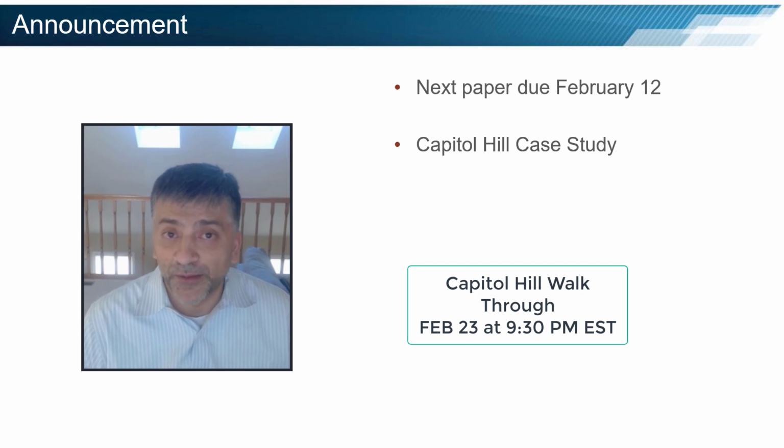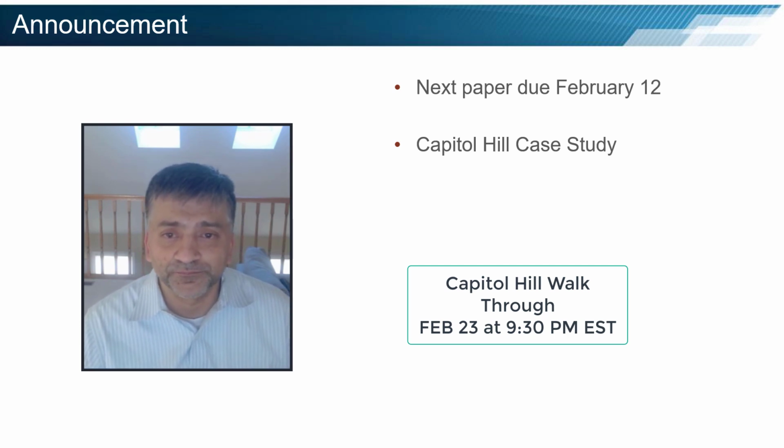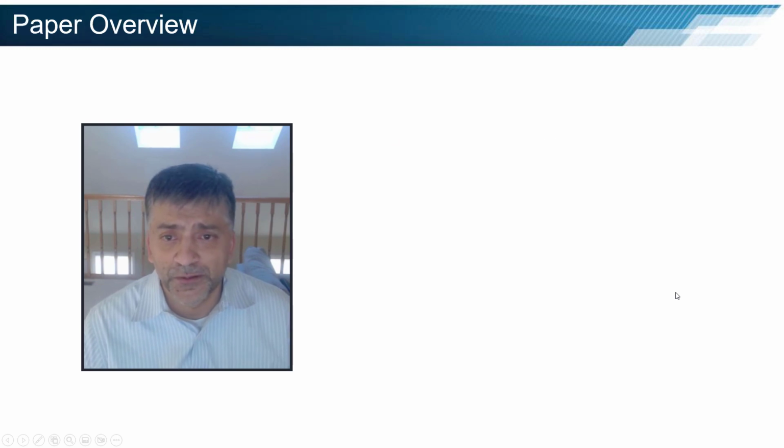So if you're going to do your final paper and you want to do it on the intelligence failures related to Capitol Hill, please show interest that you're going to attend, and I'll take it from there. So again, we're going to do that on February 23rd at 9:30 p.m. Eastern Standard Time. And we'll do it again via Zoom.